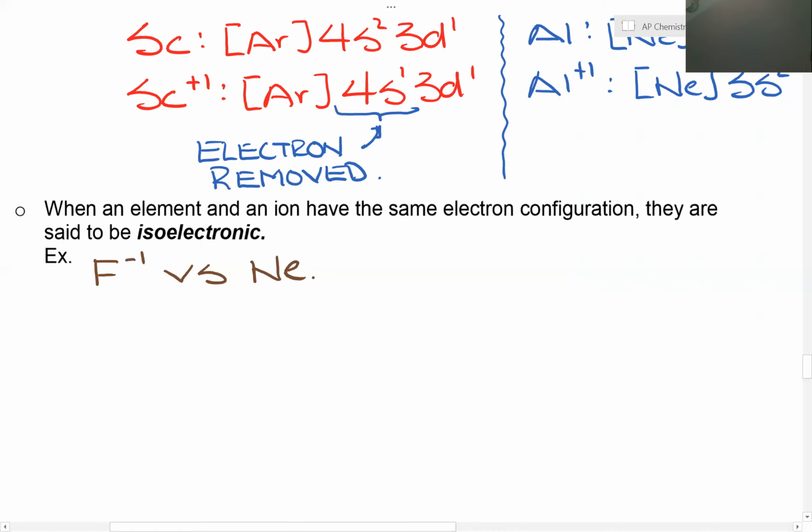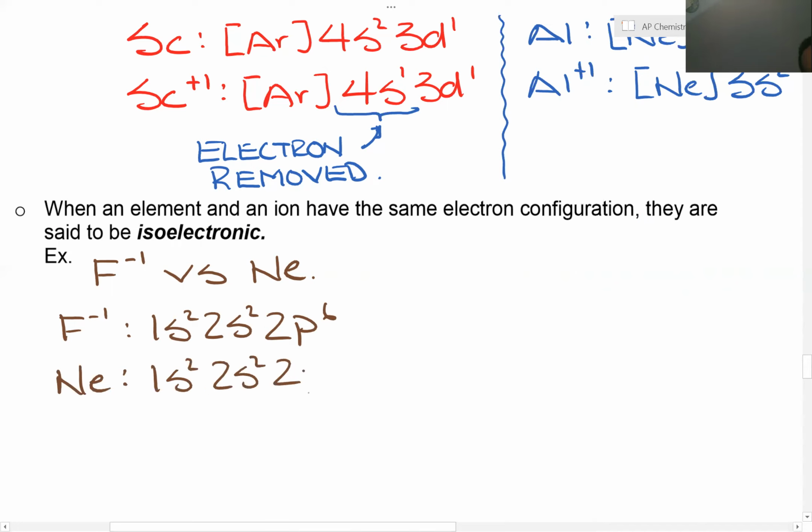Fluorine minus 1 would be 1s2, 2s2, 2p6. Neon is also 1s2, 2s2, 2p6. This is isoelectronic.